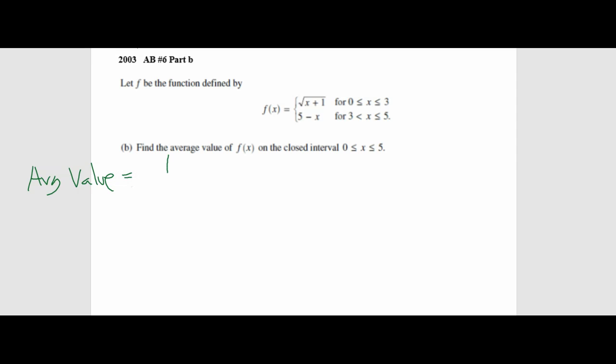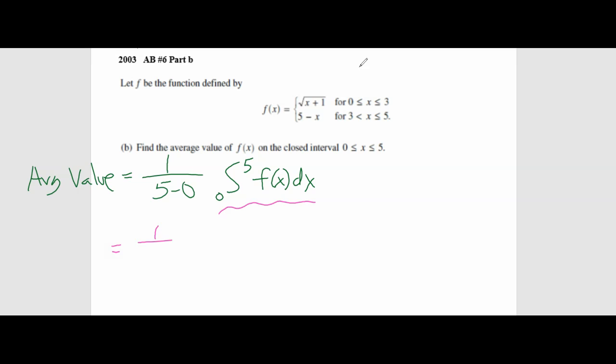So average value, we have 1 over b minus a, which in this case would be 5 minus 0, times the integral from 0 to 5 of f of x dx. Now we've got to break up our integral portion because it's a piecewise function.